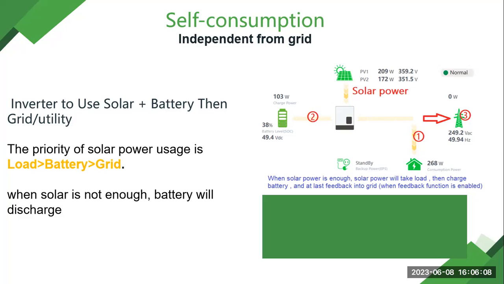So they will use the extra power to charge the battery. And in the midnight, when there is no solar, the battery will discharge to use as little power from the grid as possible. For this working mode, you do not need to change any settings.